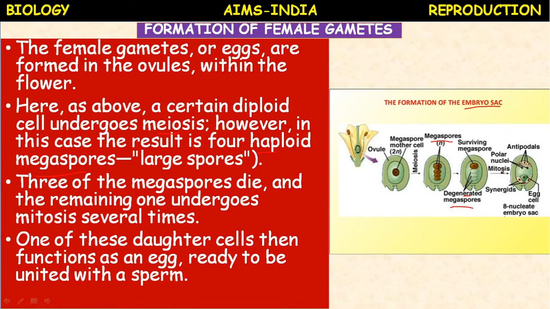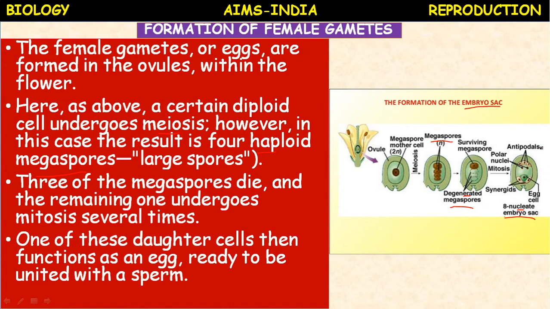That surviving megaspore undergoes several mitotic divisions and produces an 8-nucleate embryo sac, clearly given in this picture.